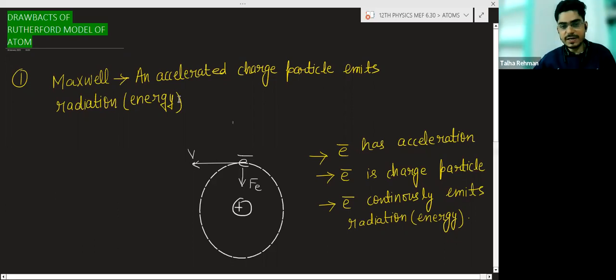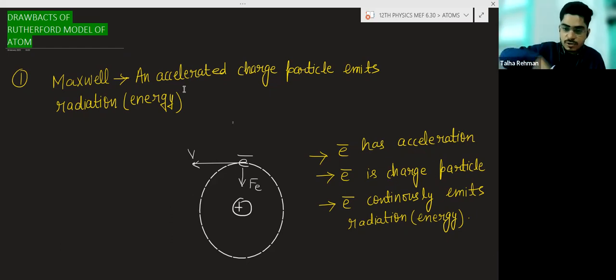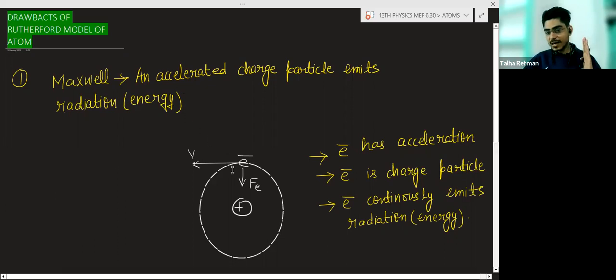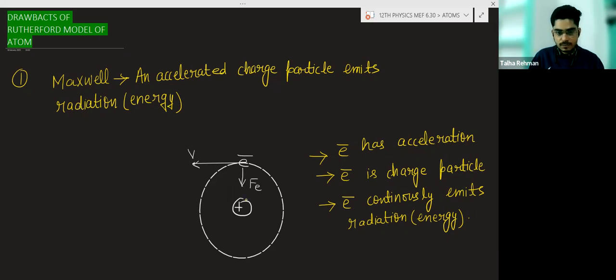So what Maxwell said is that an accelerated charged particle will emit energy. The electron is revolving, it is a charged particle, and it has centripetal acceleration. So the electron will also emit some energy. If the electron gives out energy, its energy will decrease, and the electron will be attracted by the nucleus like this.